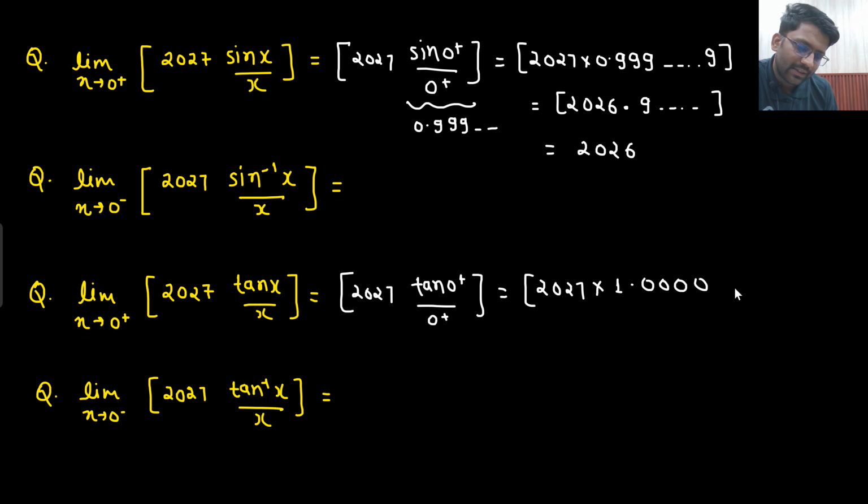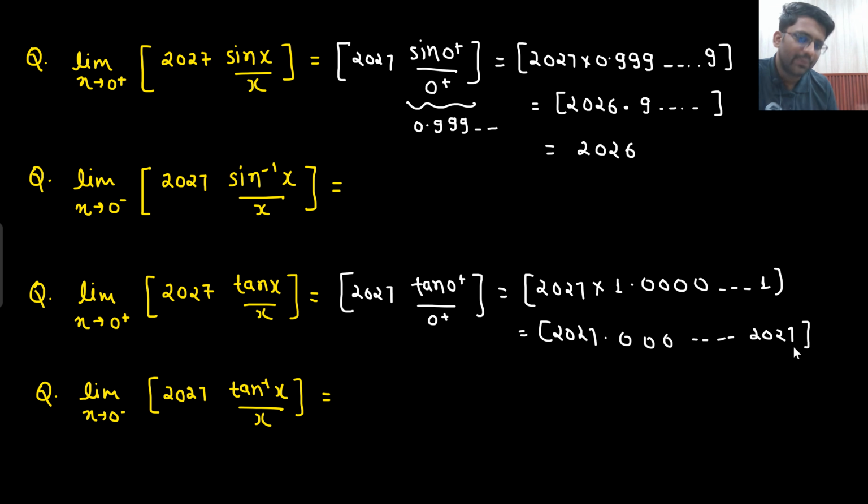So the total answer would be 2027.0000, something in that manner, some value greater than 2027. That means the lesser integer will be 2027.